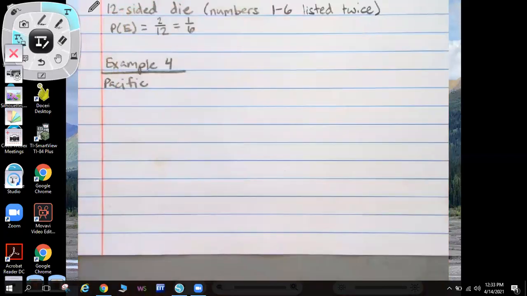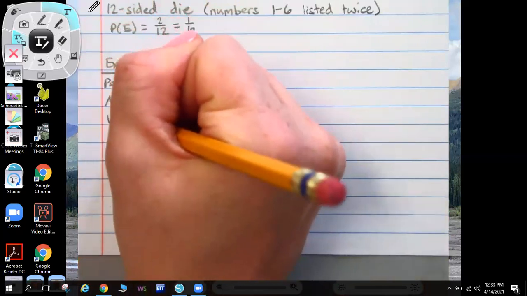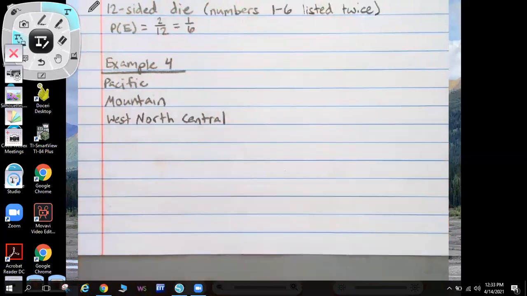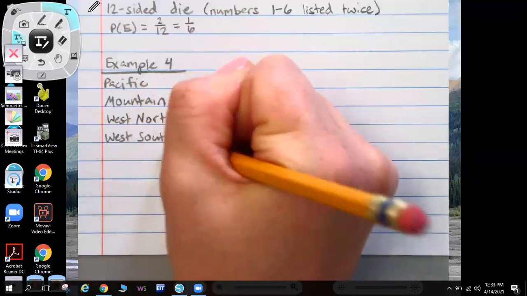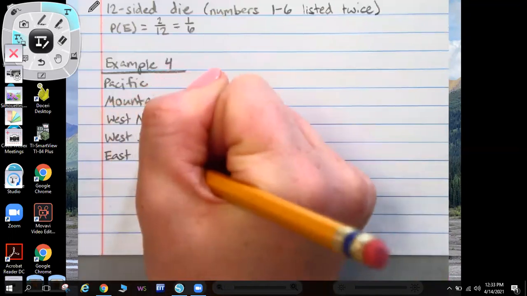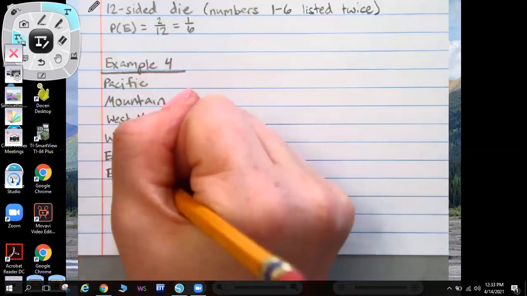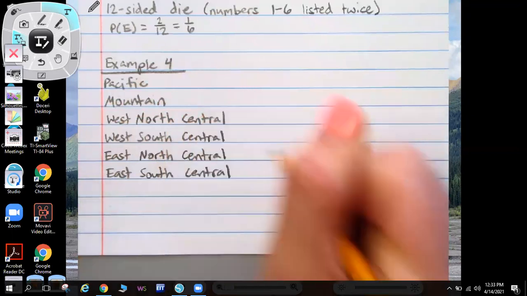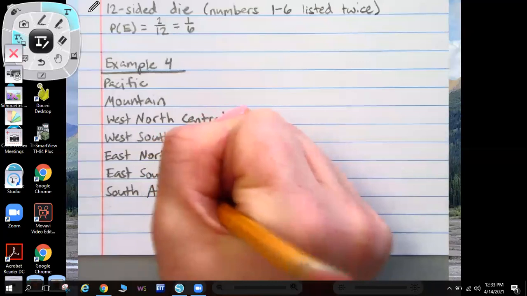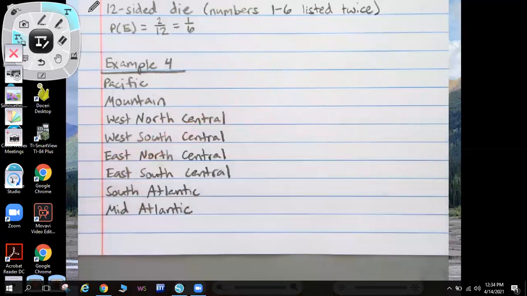We've got the Pacific region, the Mountain region, West North Central, West South Central, East North Central, East South Central, then we've got South Atlantic, Mid-Atlantic, and New England.